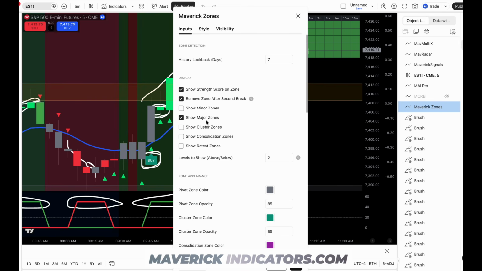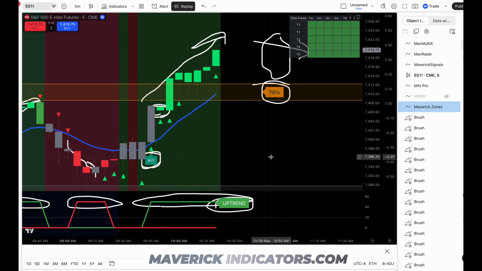We have minor zones. We have major zones. These aren't just zones. There's a probability formula underneath each one of these. We have cluster zones. We have consolidation zones. We have retest zones, these premium zones. You can show as many zones as you want on your chart up until a certain amount that it's going to calculate. Anyway, there's so many things with this.